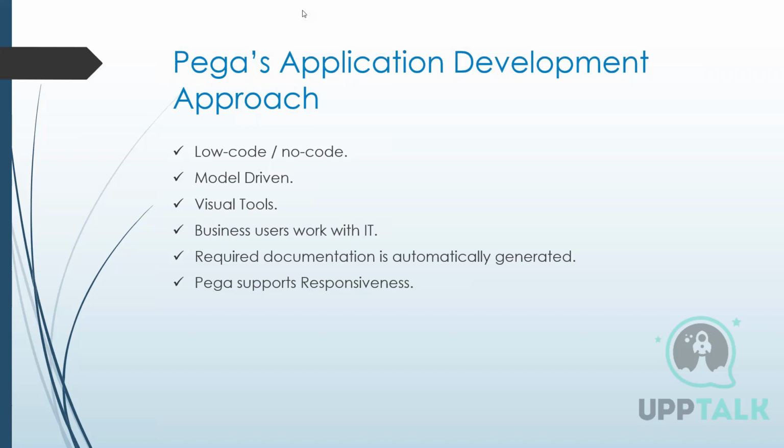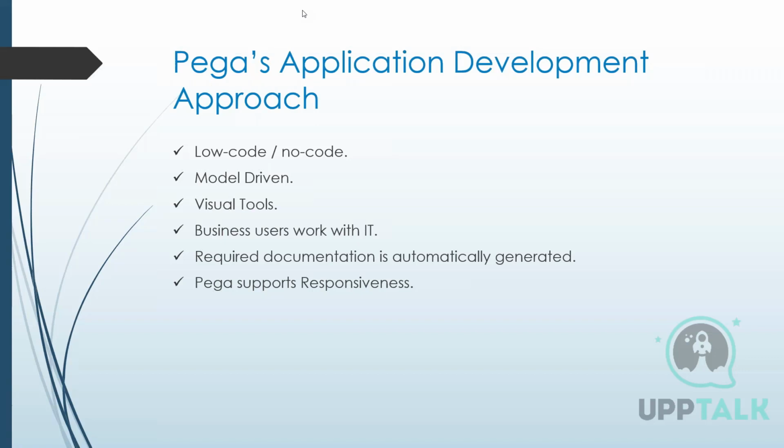I do not say that it's completely no code; it depends upon the requirements. CSAs, in the sense, need to at least have some knowledge of coding, though it's low code. Correct, a few concepts of OOP at least are required, because they still define variables and stuff like that.